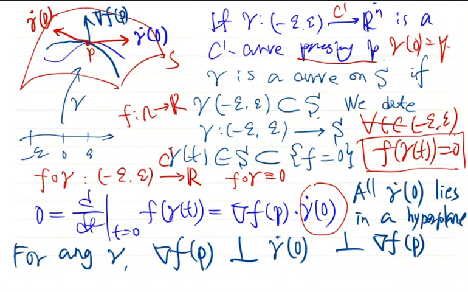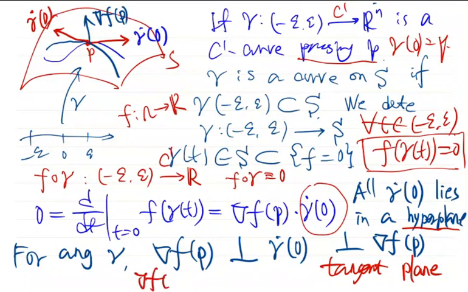This plane we call the tangent plane. This hyperplane is called the tangent plane of the surface at the point P. And the gradient of f at P, perpendicular to the tangent plane, is called the normal vector.